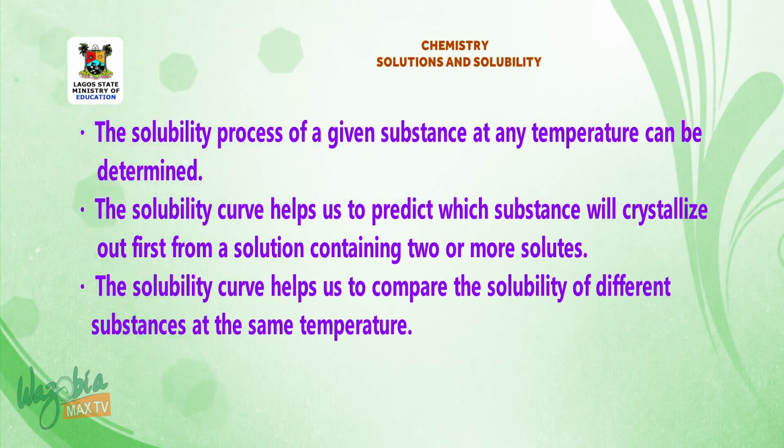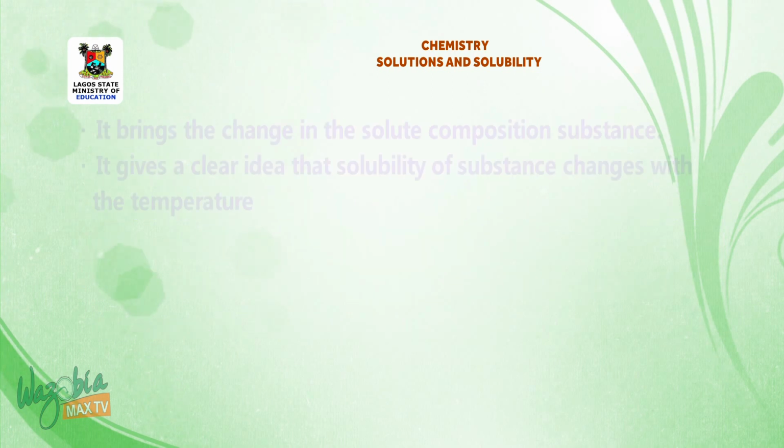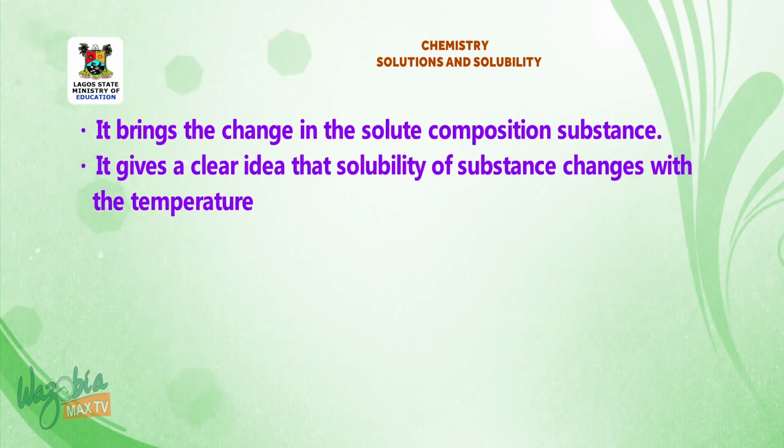Number four, it helps us to compare the solubility of different substances at the same temperature. Number five, it shows the change in the solute composition. And lastly, it gives a clear idea that the solubility of a substance changes with temperature.